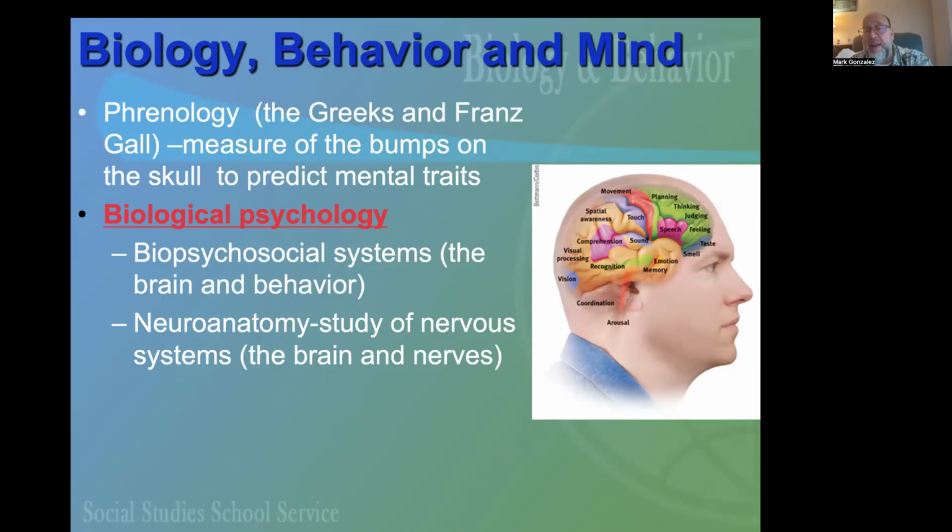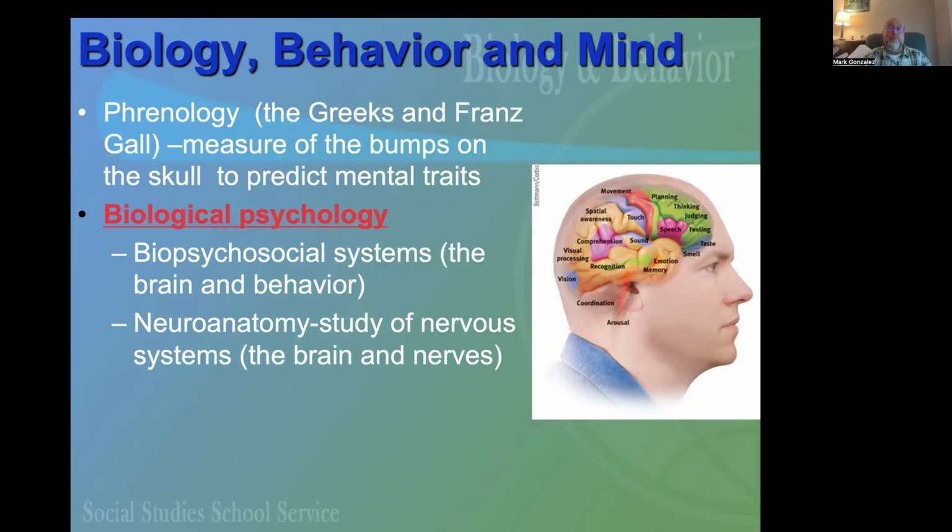And there were others later in the 1800s, Franz Gall. Gall was essentially trying to bring back what the Greeks were doing: feeling through one's head, the measure of the bumps in the skull would predict mental traits. Not very scientific at all.